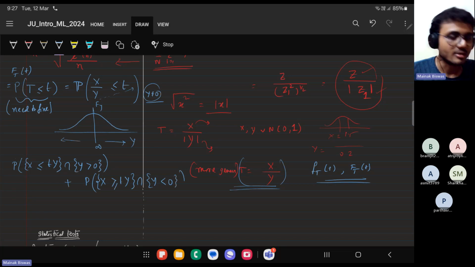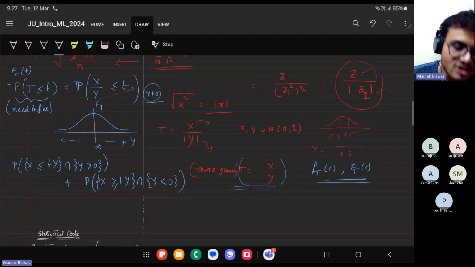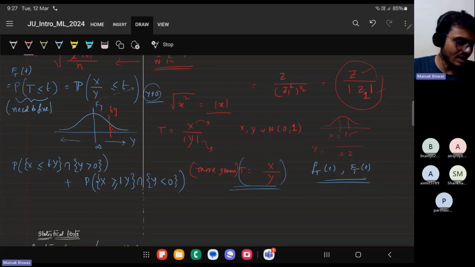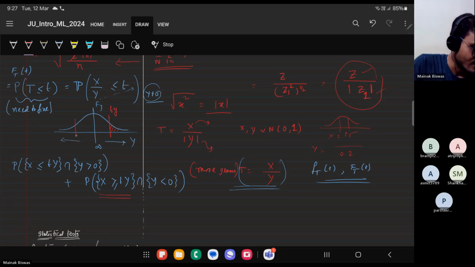Now tell me, all the things will turn out so that you can essentially do what you were naively doing. Let's see why. We have solved this using the symmetry of the Gaussian. Say X is equal to tY, right? X greater than tY is the same as, do you agree, minus tY, right?